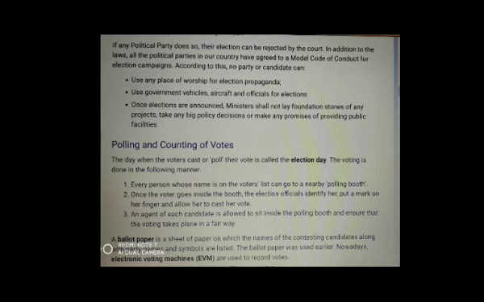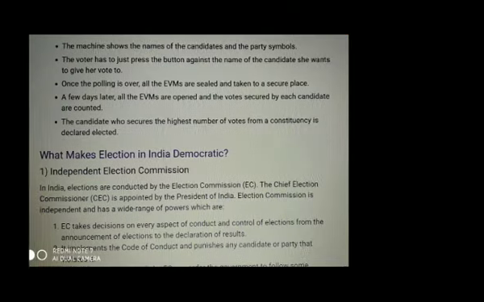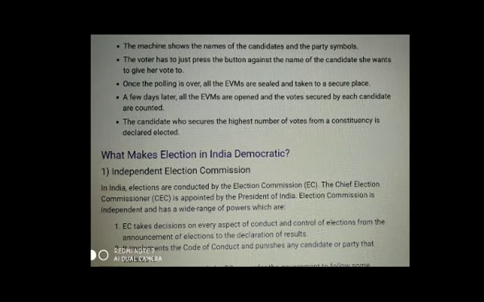A ballot paper is a sheet of paper on which the names of contesting candidates, along with party names and symbols, are listed. The ballot paper was used earlier. Nowadays, electronic voting machines, in short EVM, are used to record votes. First one, the machine shows the name of the candidates and the party symbols. Second one, the voter has to just press the button against the name of the candidate she wants to give her vote to.